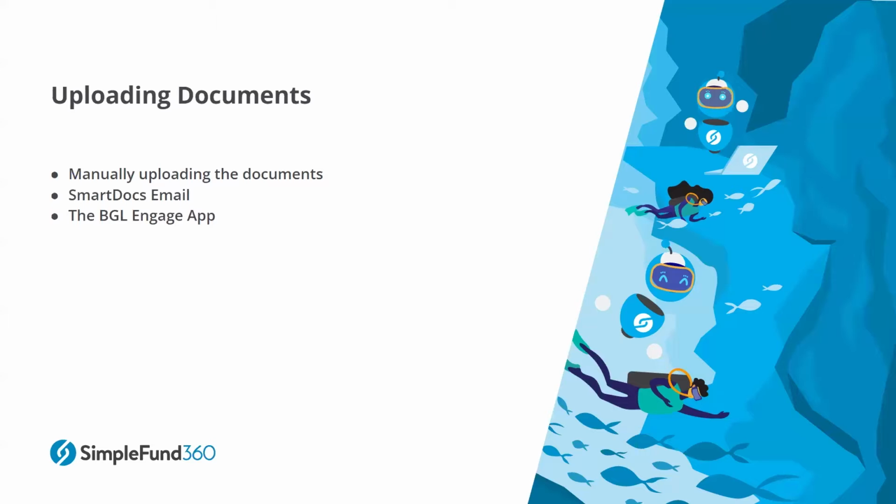Much like Simple Fund, as long as you've assigned the fund to this person, they'll be allowed to send documents directly to that fund. What we're going to do now is go into the software and manually upload some documents.